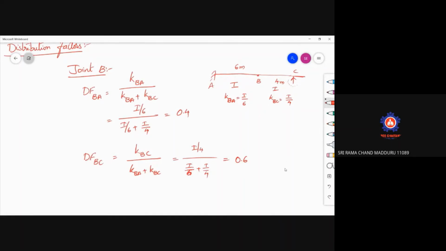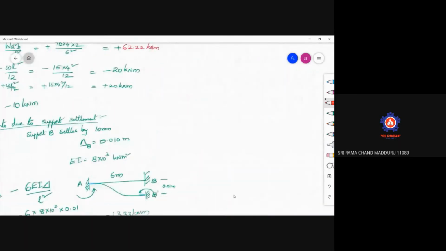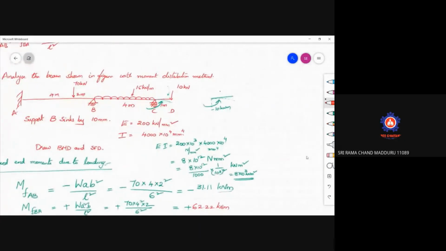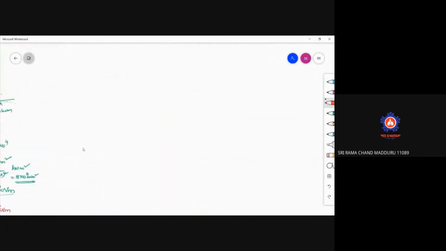Now when these distribution factors are completed, we will go to preparing the tabular form for the given beam. So this is our beam. Just once again I will draw the beam.